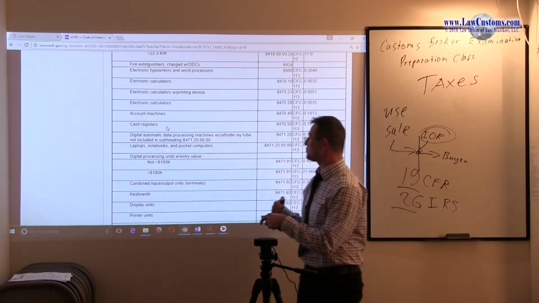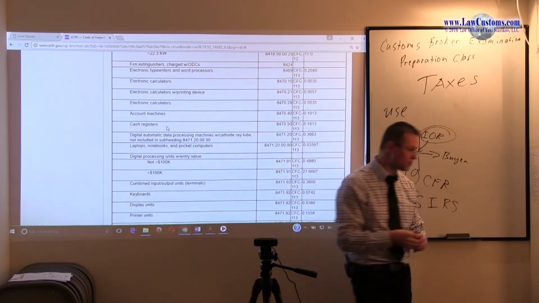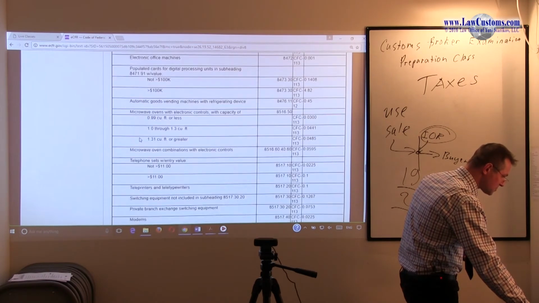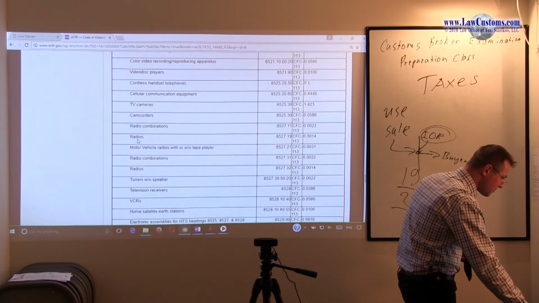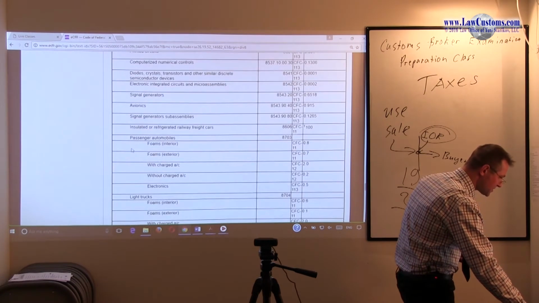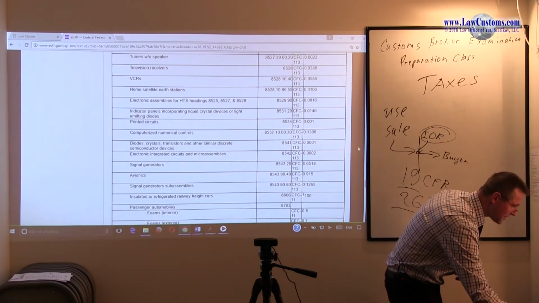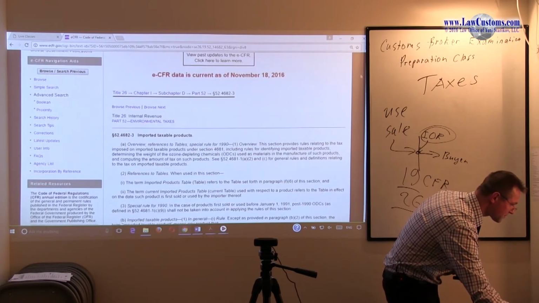So here we have laptops, notebooks, digital processing units, keyboards, display units, printer units, pretty much all the products of the electronic spectrum. Modems, faxes, phones, radios, speakers, avionics. So all this stuff is covered under IRS excise tax law for ozone depleting chemicals, right?